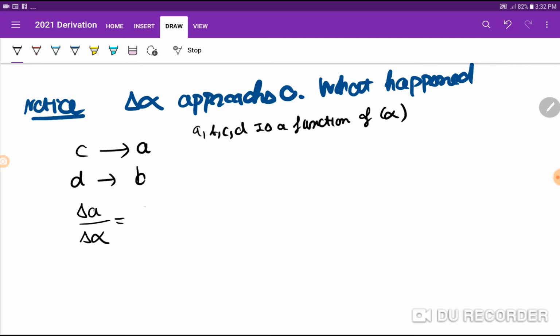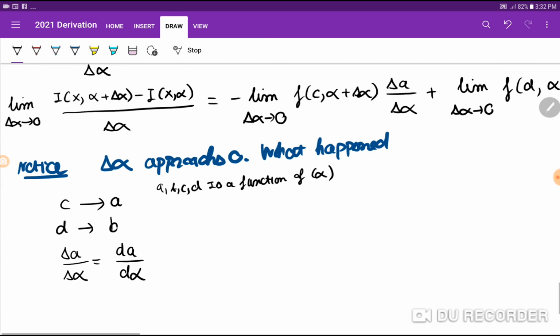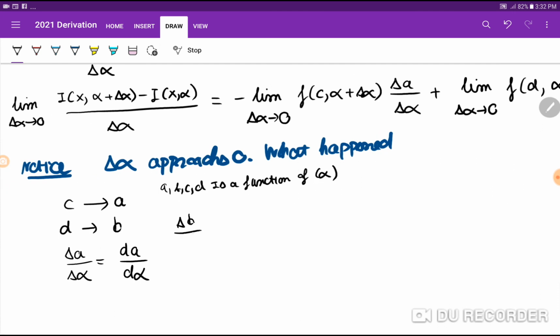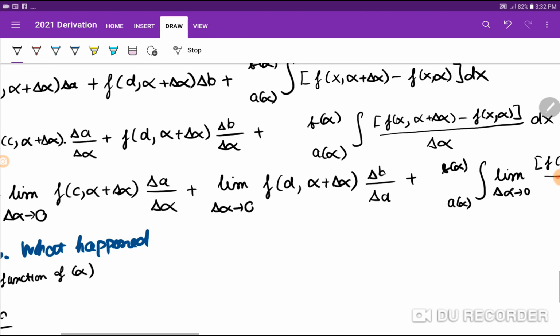I can write this as dA over d alpha. Similarly, delta B over delta alpha is dB over d alpha. Oh guys, I'm sorry, I made a mistake here. It should be alpha.